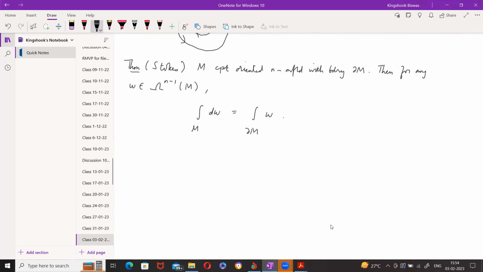I just remark that the right-hand side is equal to 0 if it's a manifold without boundary, so if boundary M is empty. In that case, the integral of d omega over M is equal to 0. So the integral of an exact form over a manifold without boundary is 0. Is the statement clear?